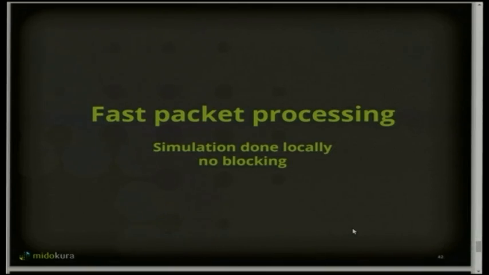The MidoNet agent used to add a lot of overhead, but we cached all the data locally, ditched Cassandra and do RPCs. So now the overhead the MidoNet agent adds for processing packets is very small.